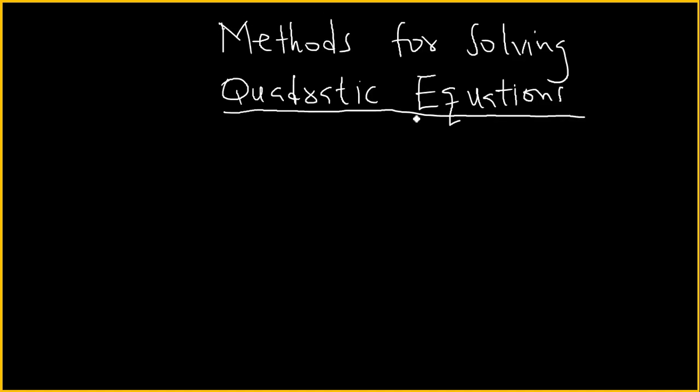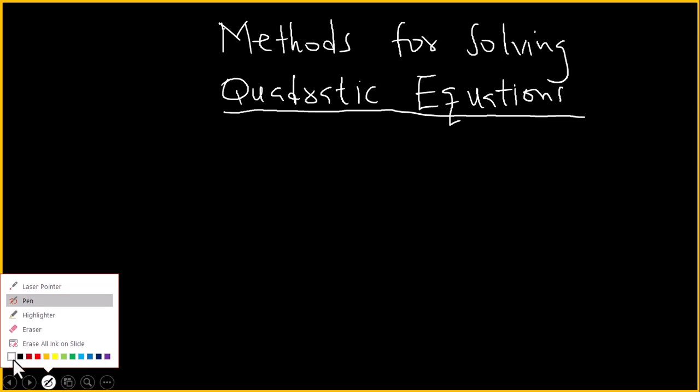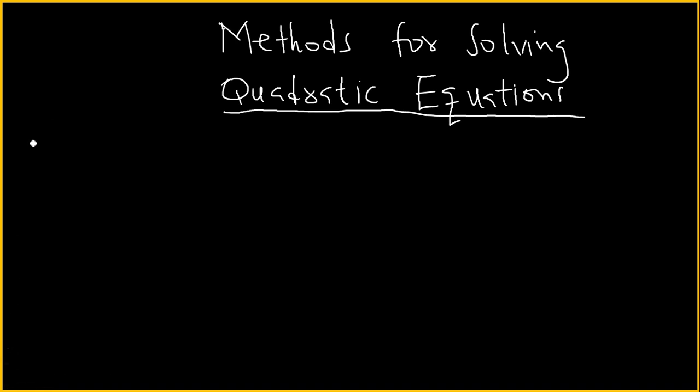Methods for solving quadratic equations. There are several methods for solving quadratic equations, and we are going to discuss some of them. Now, our first method would be the factorization method, or method by factorization.